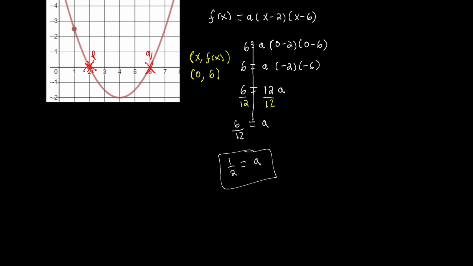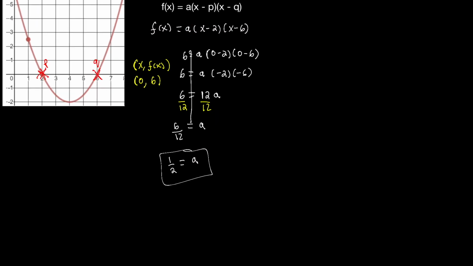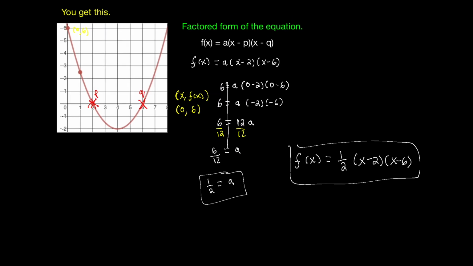Now I can replace my a value with 1/2. So I'm going to go back to this equation and replace a with 1/2. So I get that the function is equal to 1/2 times (x minus 2)(x minus 6). And that is the factored form of the parabola.